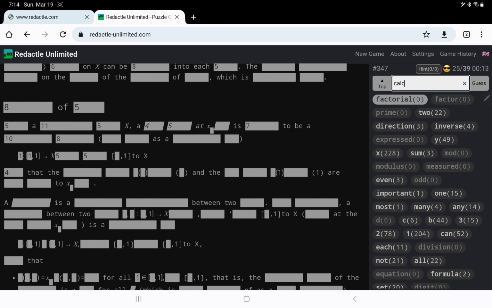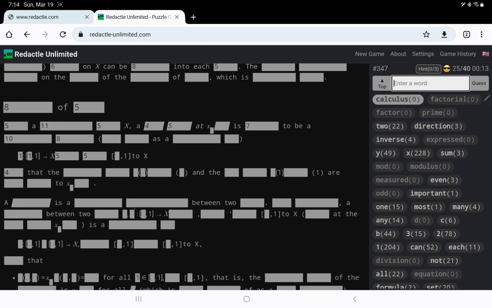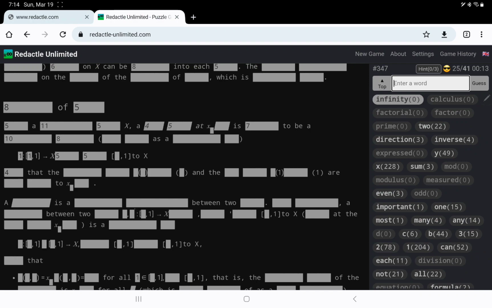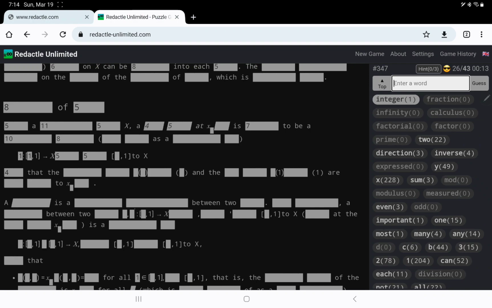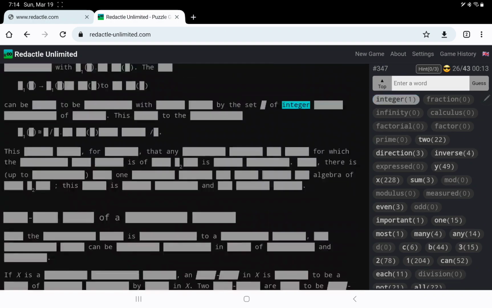Well, let's try calculus. No. Try infinity and beyond. No. Fraction. No. Integer. There is one.